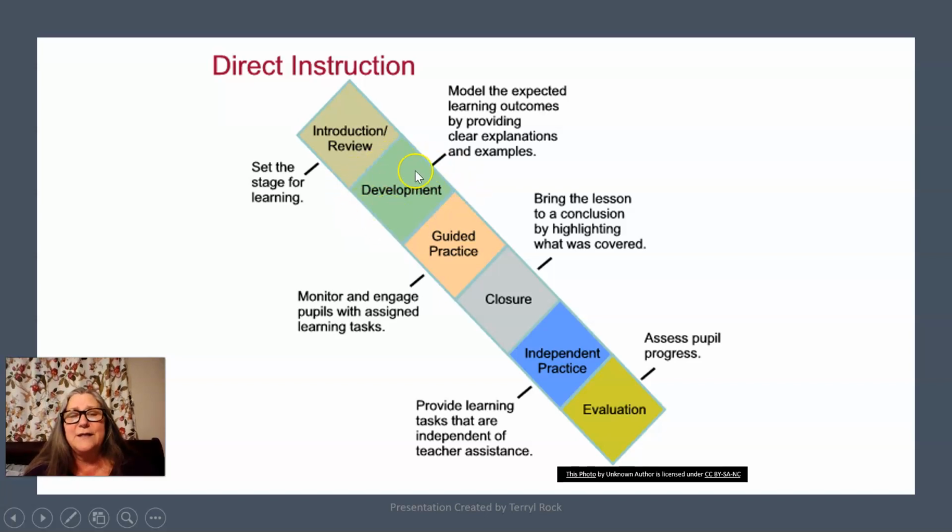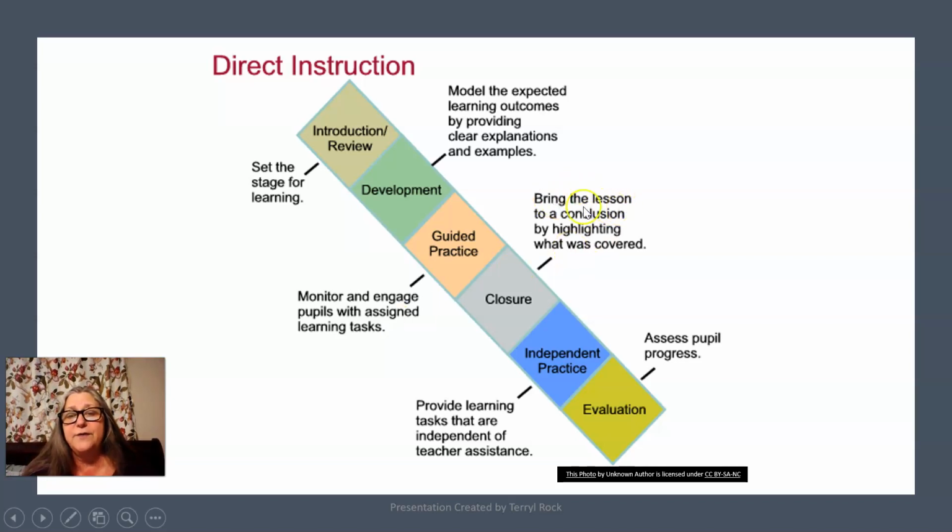This is like the meat of the lesson where you're actually going to teach it, where you're going to be telling, demonstrating, modeling. And then we have guided practice, and that's where the students are going to start trying to do it themselves. And then the teacher is moving around and she's watching them, she's monitoring their practice, and she's talking with them and helping them as they work with it.